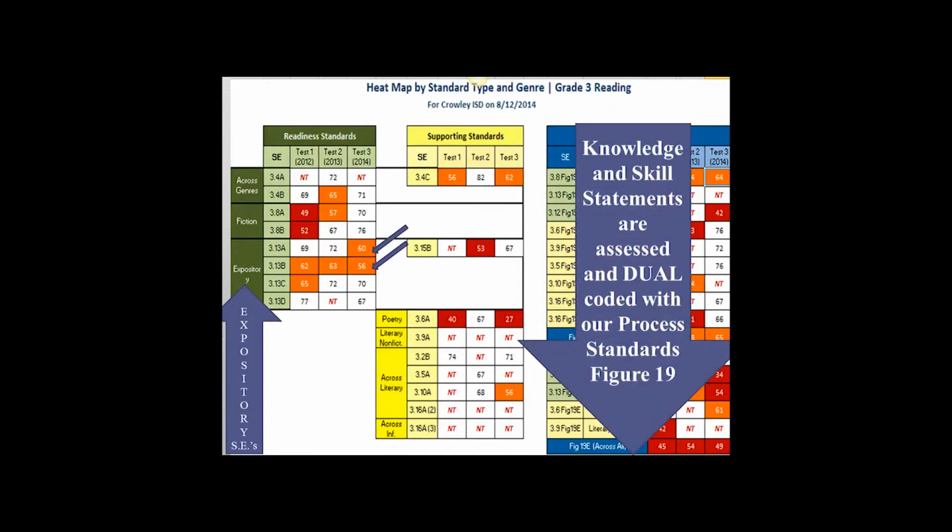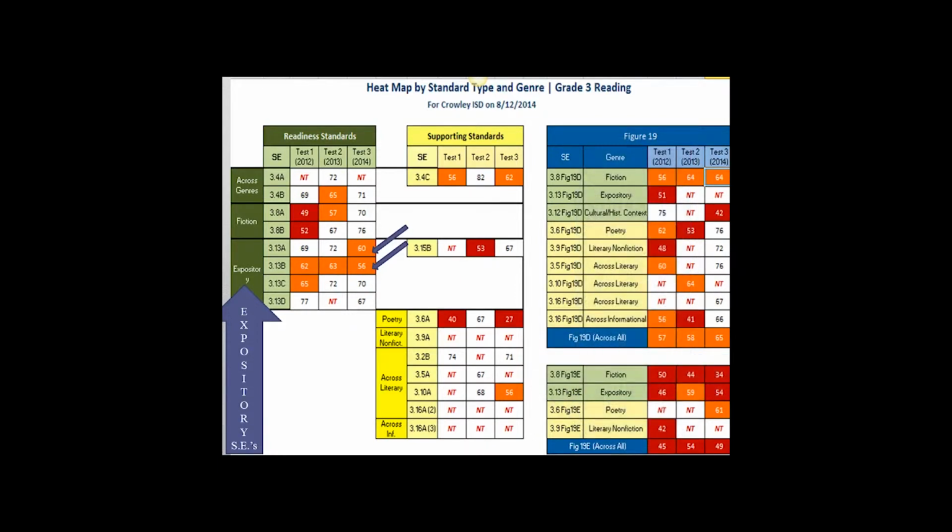Now let's take a look at our knowledge and skills statements that are assessed and dual-coded with our process standards, Figure 19. 3.13 is a hotspot, 3.12, and 3.13 when dual-coded with Figure 19 are all hotspots.